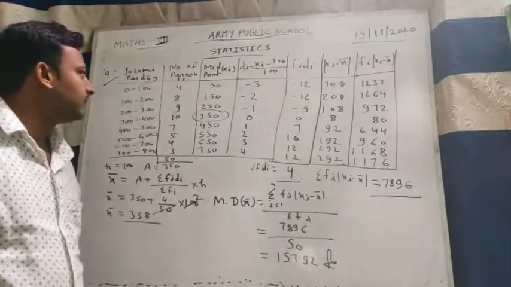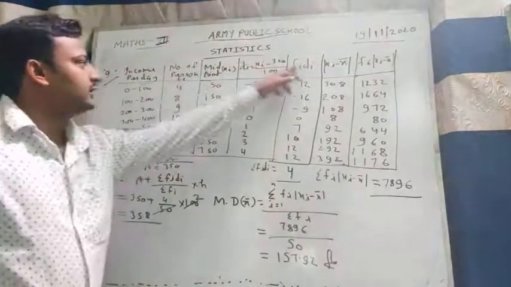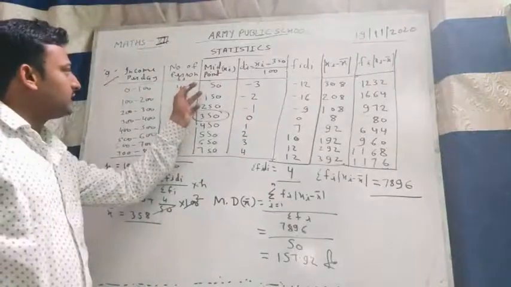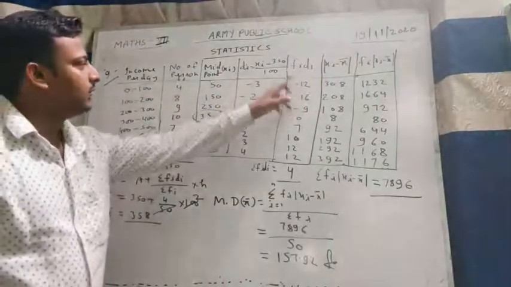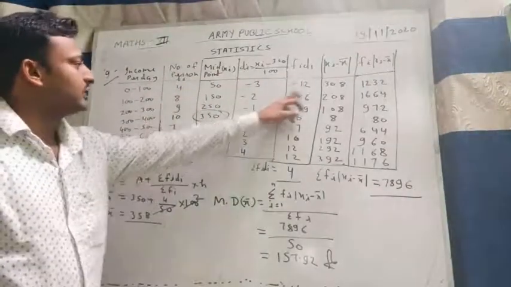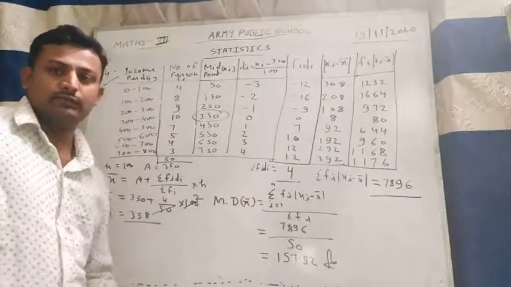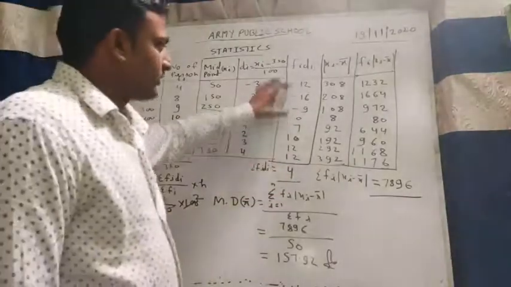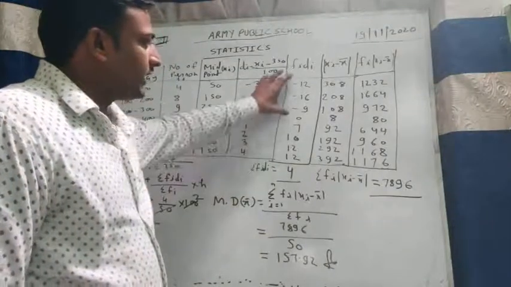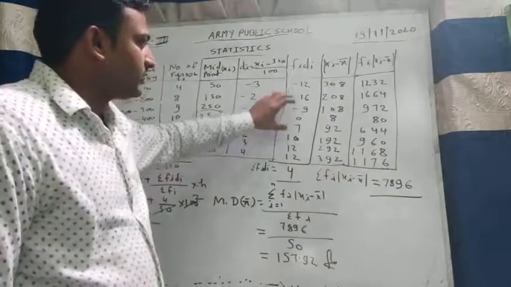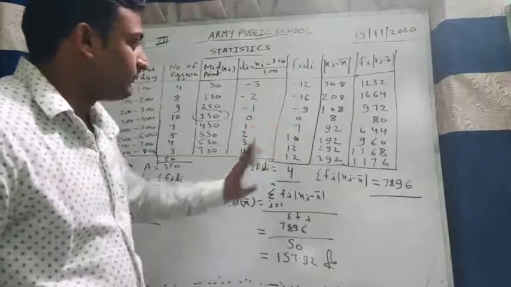Now we will find fi di. So fi is 4, di is minus 3, so multiplied we get minus 12. This is minus 16. Similarly we get the rest, and we add these. This is positive, this is negative, we add this, and subtract this. Subtract this from this, we get 4.